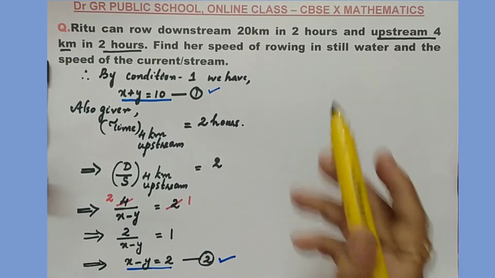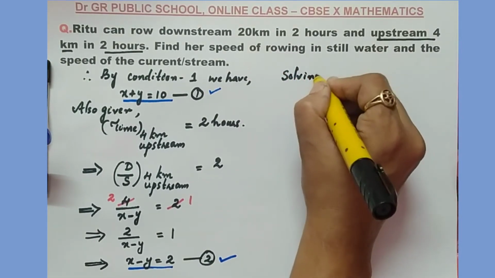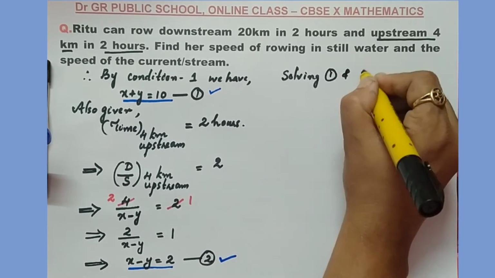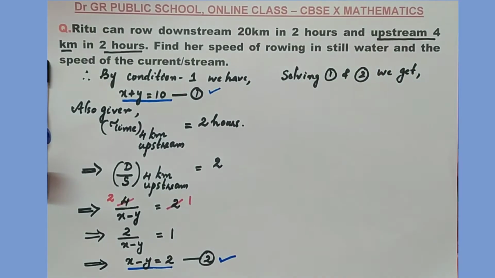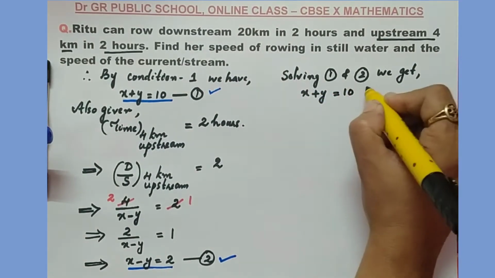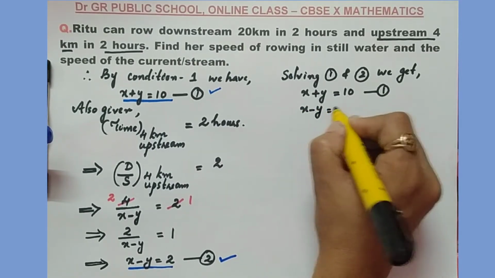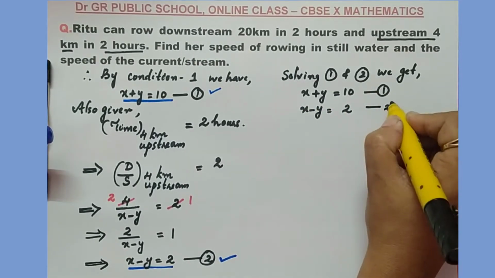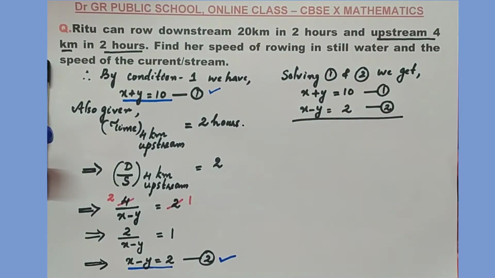Solving equation 1 and equation 2: x plus y equals 10 is equation number 1, and x minus y equals 2 is equation number 2. To solve this, you need to add them up.